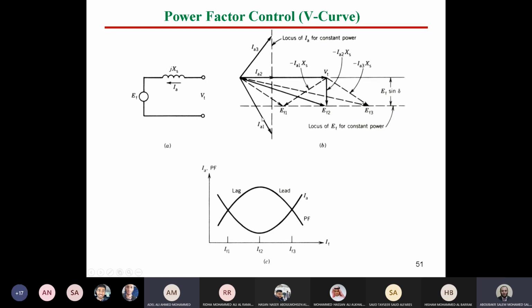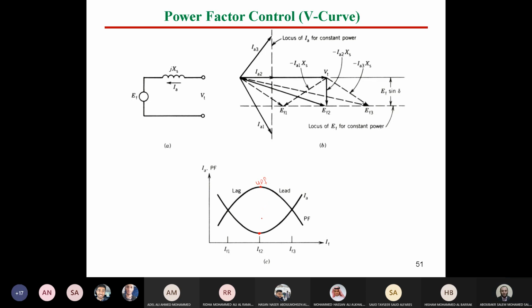It will decrease until reaching unity power factor. Right? Yes. Good. So, according to the phasor diagram here, we can say that the minimum value of current occurs at unity power factor. Right or wrong? Yes. Good. Sure, we can say this minimum armature current corresponds to unity power factor.